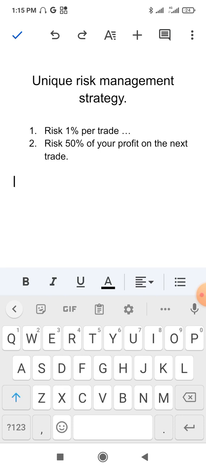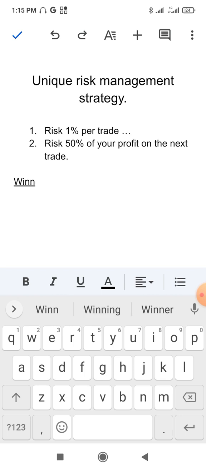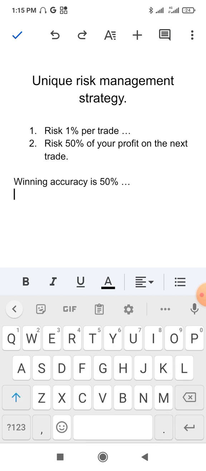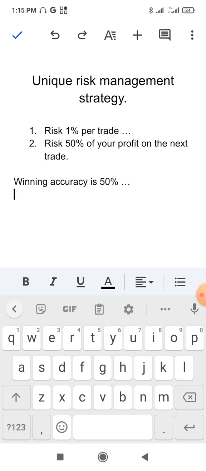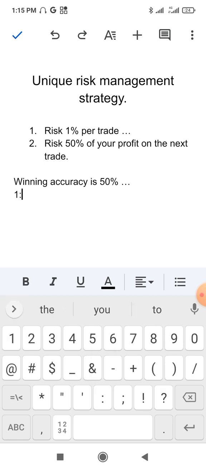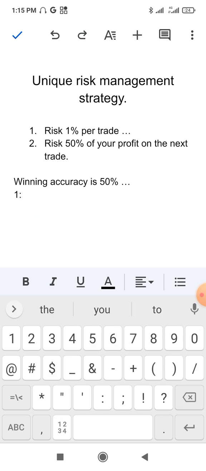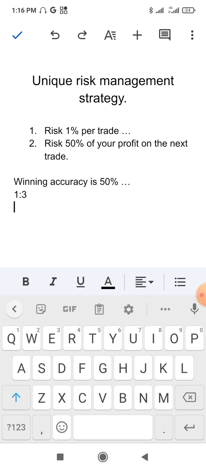Let's say our winning accuracy is 50%, and our risk to reward on a trade is, let's say, 1:3.